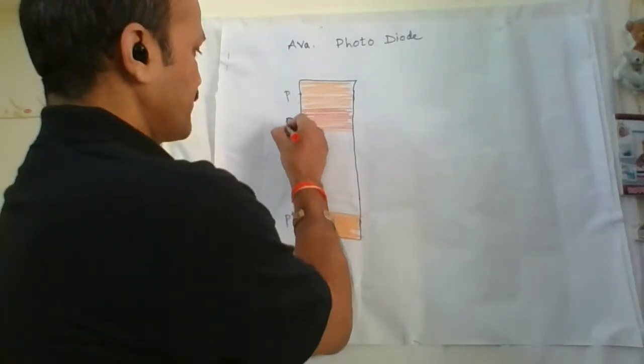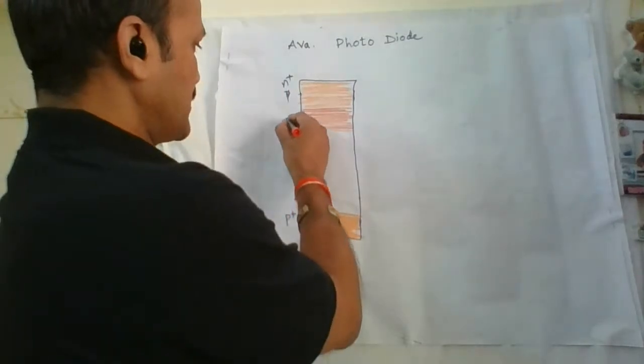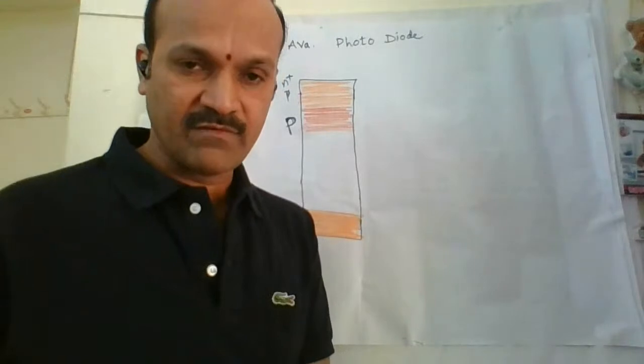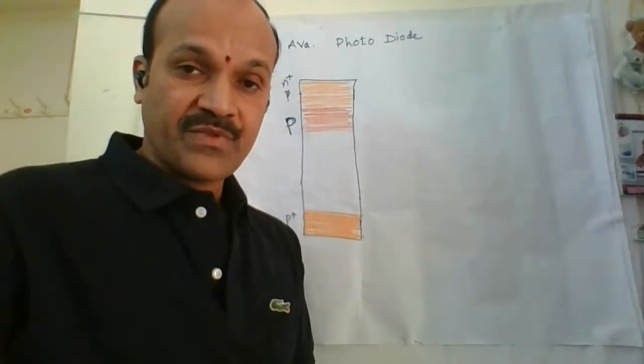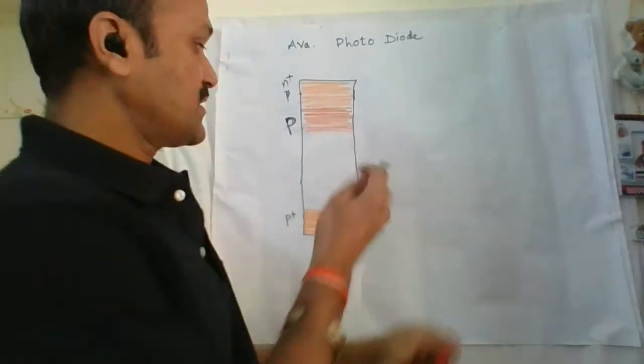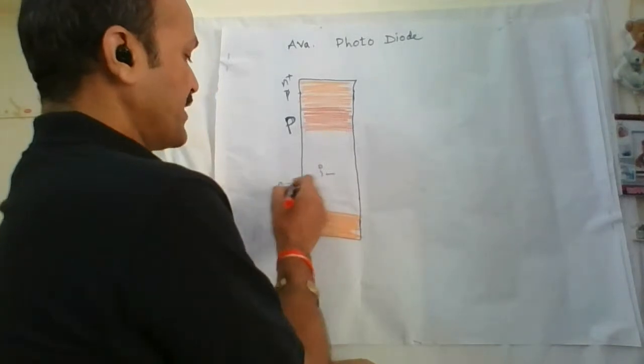This is P, this is N. P plus and N plus, N plus in the sense heavily doped N type. And next is P, and this is the I region or pi region, the intrinsic region.